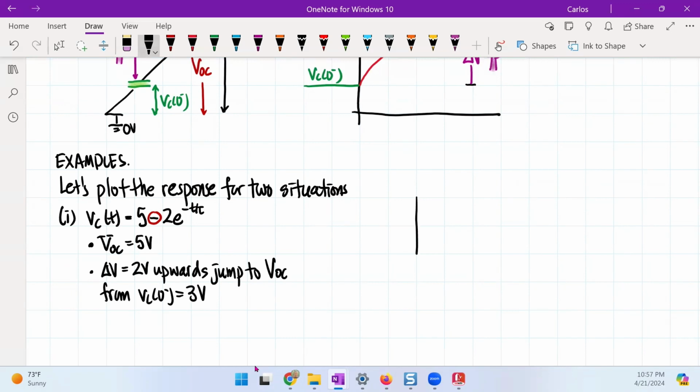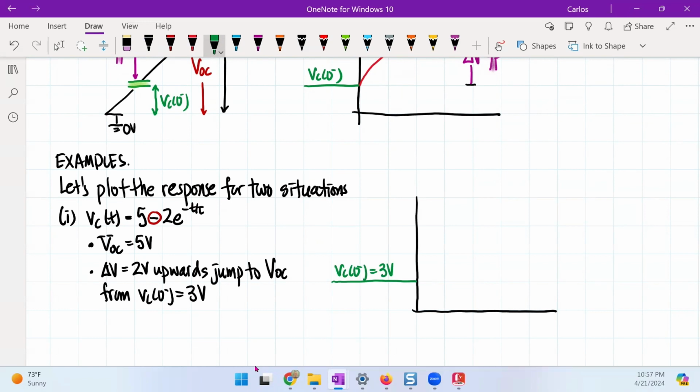So if I come in here, and I'm looking at this circuit like this, you could imagine that I have my initial steady state, and my initial steady state is VC of 0 minus, which is 3 volts.